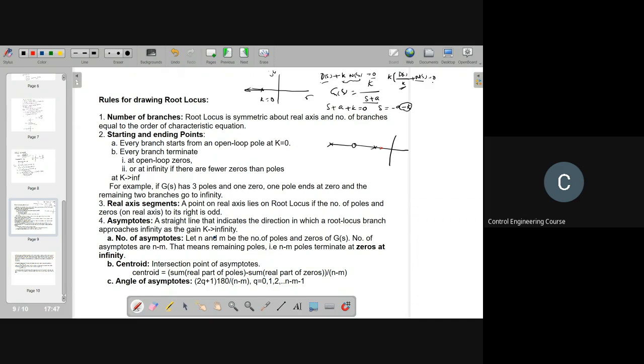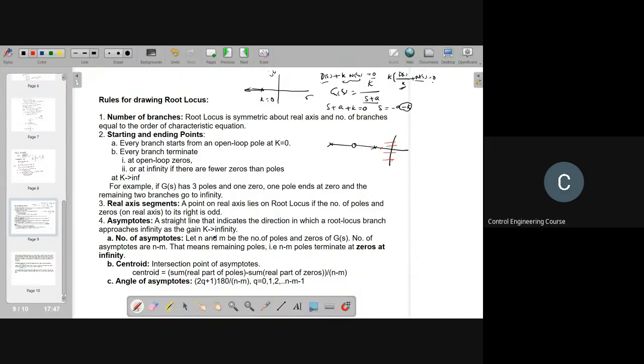If I take a test point here, and the number of poles or zeros on the right of this test point is odd, then we say that a root locus exists. Here in this case there are no poles or zeros, so there is no root locus branch here.